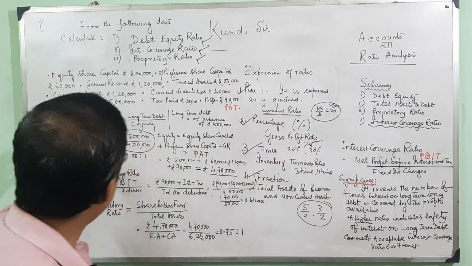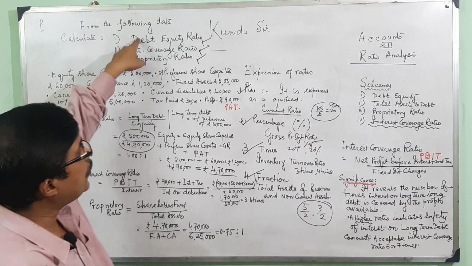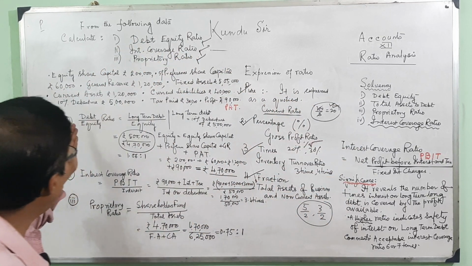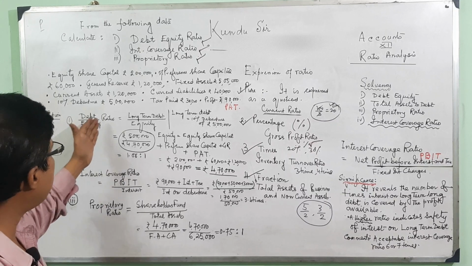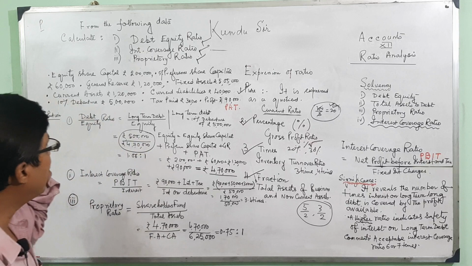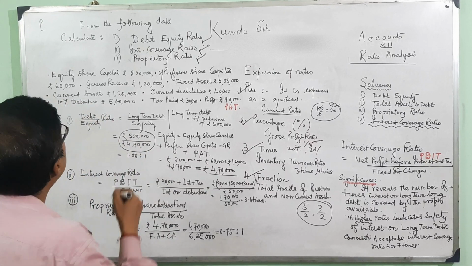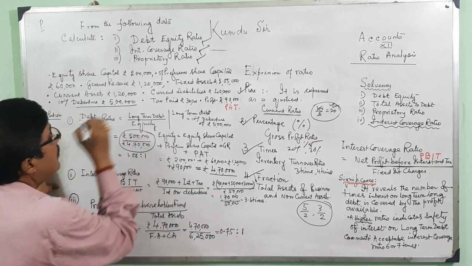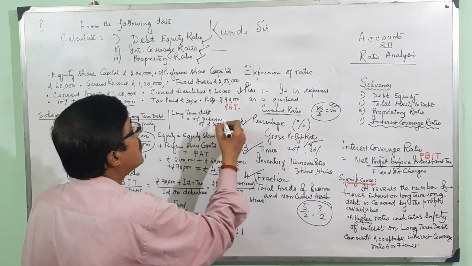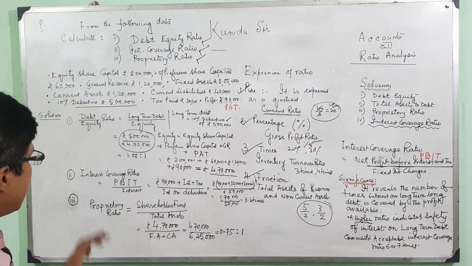So now first of all, debt equity ratio equals debt by equity. Debt means long term debt by equity. What is the long term debt here? Long term debt here is the debenture, 10% interest bearing debenture, 5 lakh. It is long term.